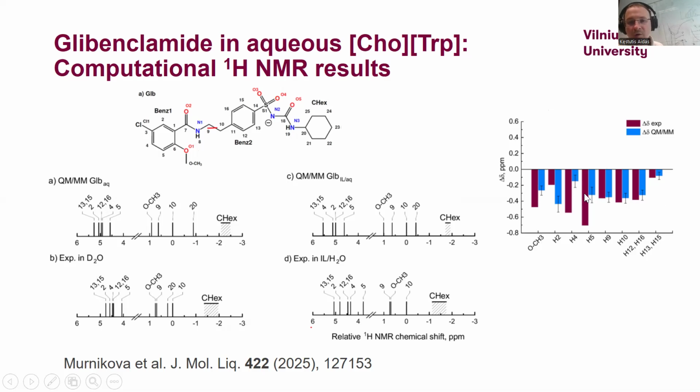Again, without going into details, maybe this figure is of interest. Here we show how the individual NMR signals from protons in glibenclamide change going from aqueous solution to the aqueous ionic liquid solution. You can see that qualitatively the comparison is exactly as it should be: all chemical shifts are reduced in magnitude. The quantitative agreement is not always that good, but the model also has some limitations, so we are still very happy with the qualitative result.